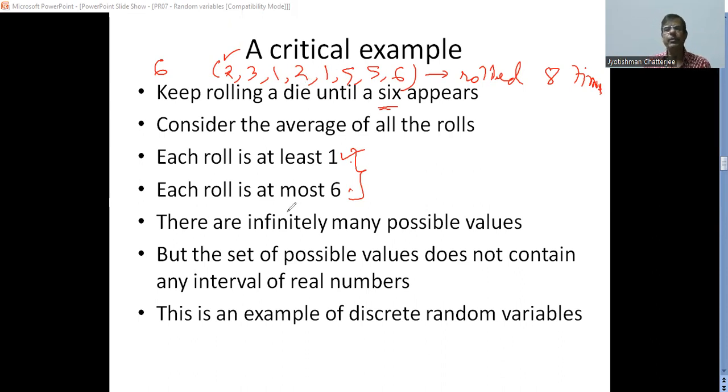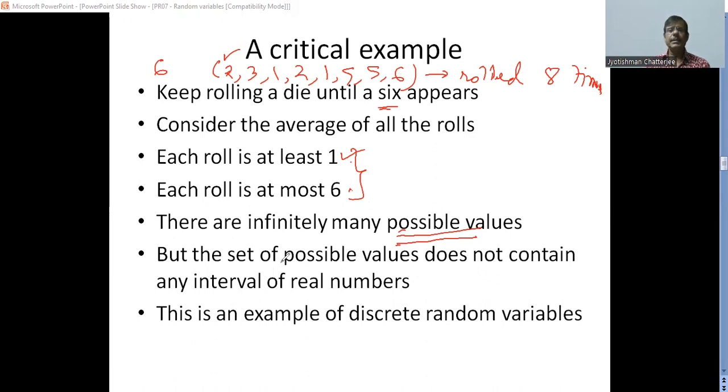So possible values here are infinite, because corresponding to each of those infinitely many possible outcomes, you get one average. Some of those averages will be the same for two outcomes, that's possible, but the total number of possibilities of the averages still will be infinitely many. Convince yourself.